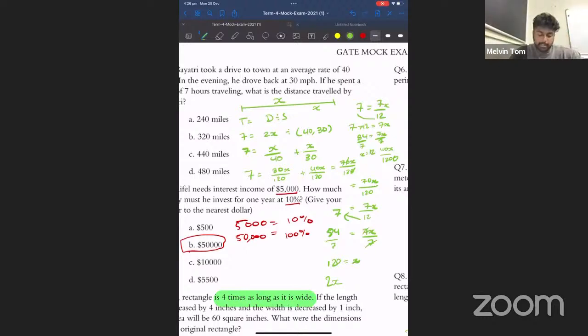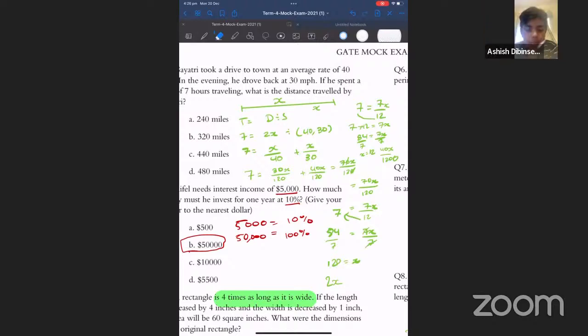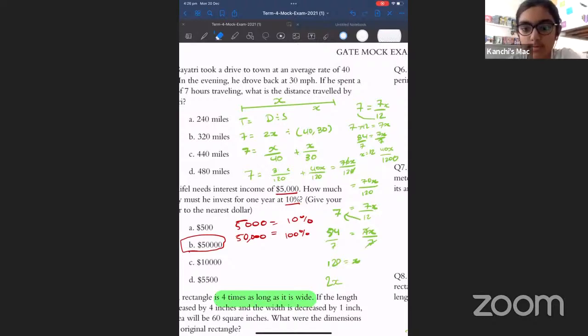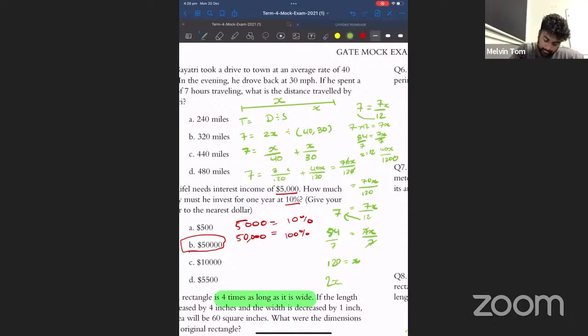Oh, you know where I messed up, ladies and gentlemen? 40 times 3 is 120, not 30. So it should be 3x. And 30 times 4 is 120, not 40. So it should be 4x. And this should have been just 7x over 120.